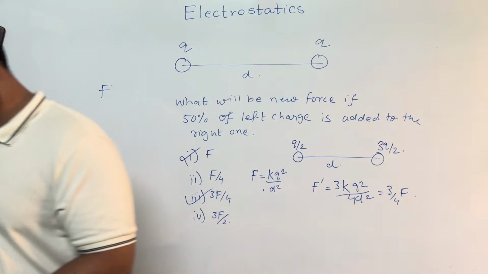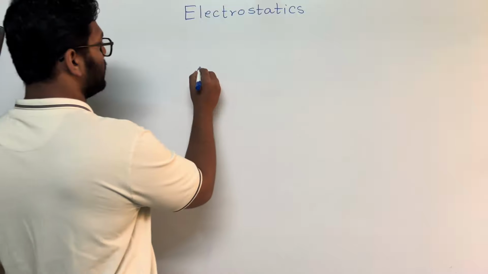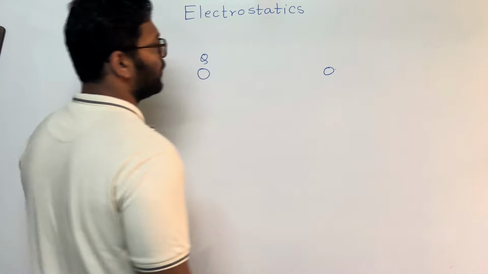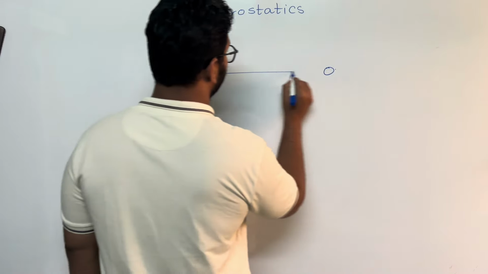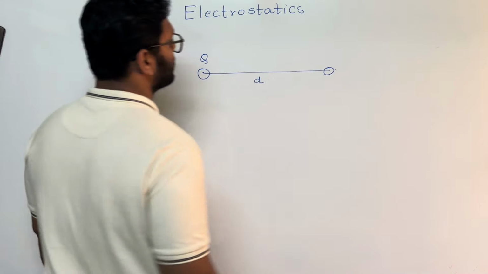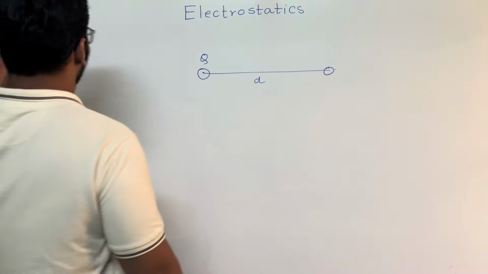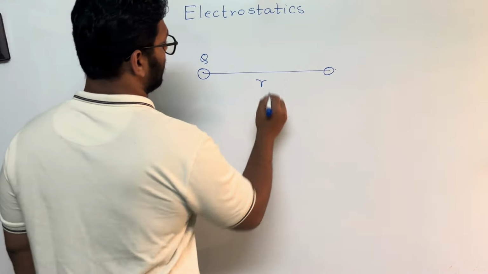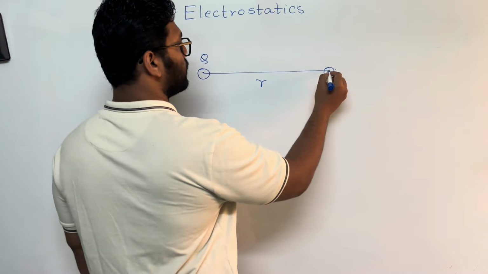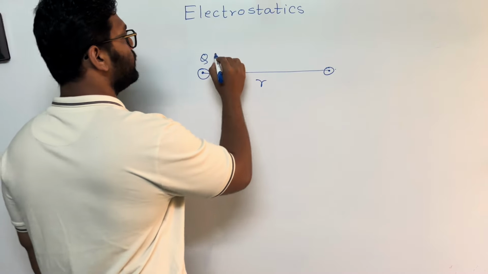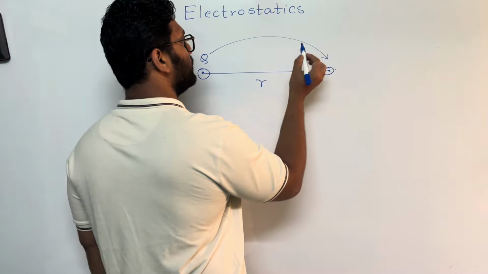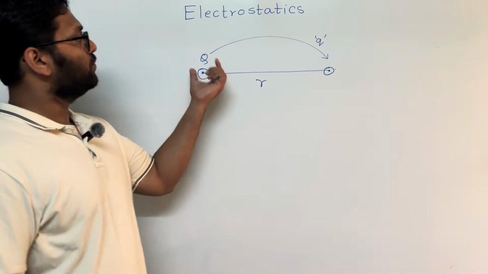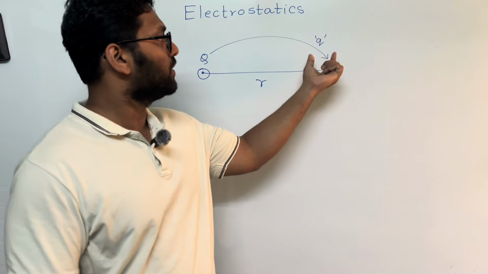Let's look at another question. There is one charge, let's call it Q, and there is another neutral body. The distance between their centers is R. Now I want to transfer some charge, small q, out of this capital Q to the body.